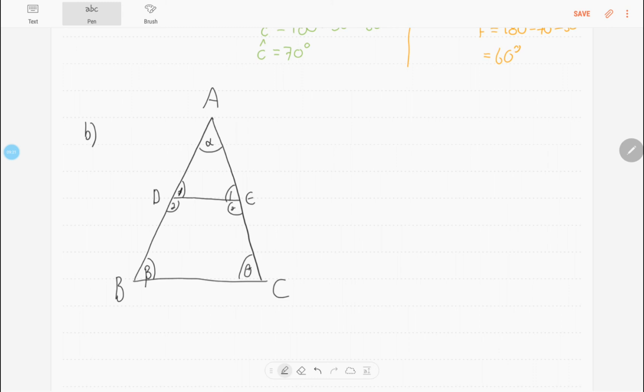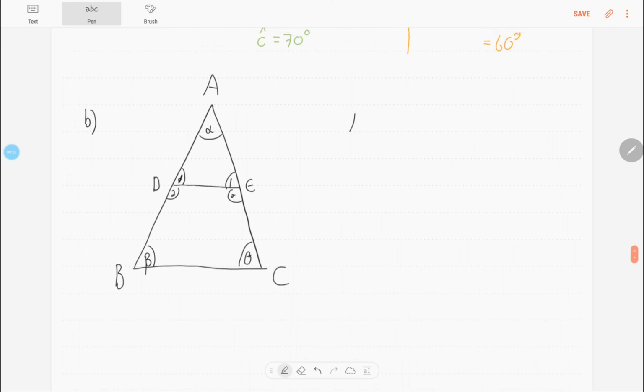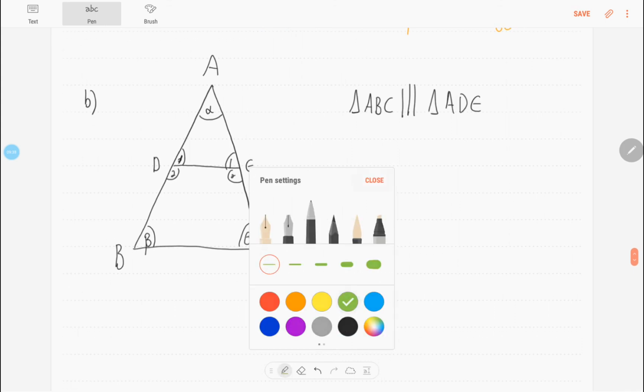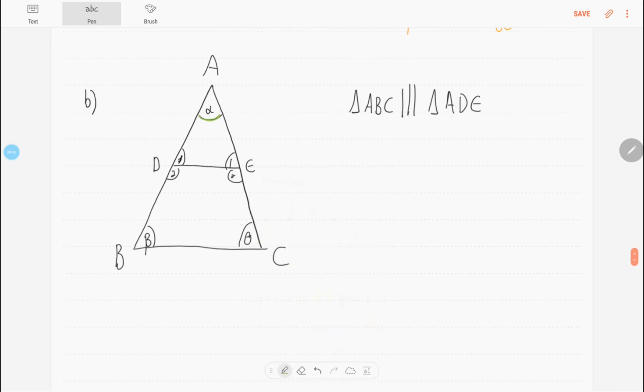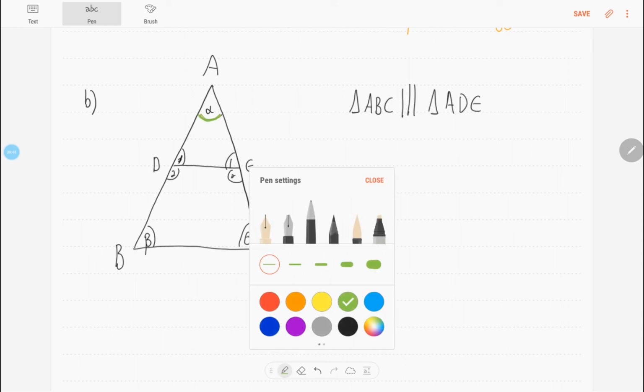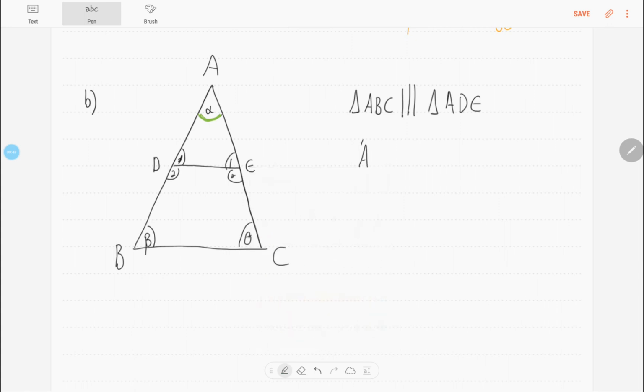Okay, so if they ask us to prove that triangle ABC is similar to triangle ADE, what we have straight away is that angle A is common. It's the tip of both of those triangles, so you can write that in. So we go angle A is equal to angle A, the reason being common. Okay, cool beans. But now we're a little bit stuck.